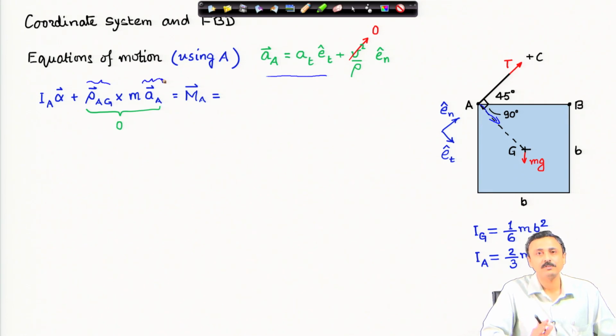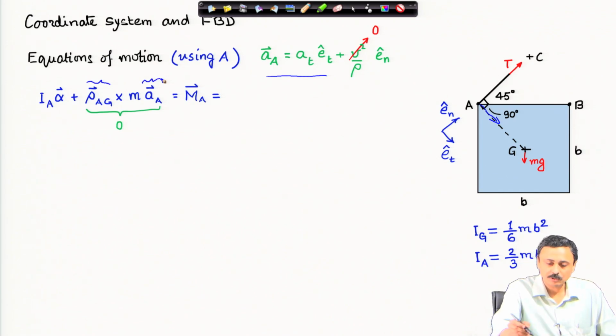Therefore the cross product will vanish, this term drops out, and I am left with a very simple equation: I_A times alpha equals the moment of the forces.